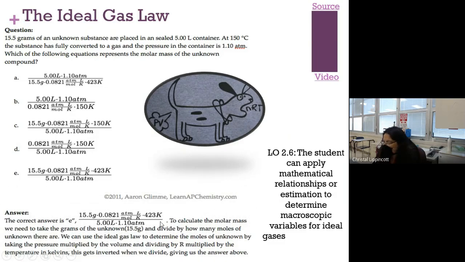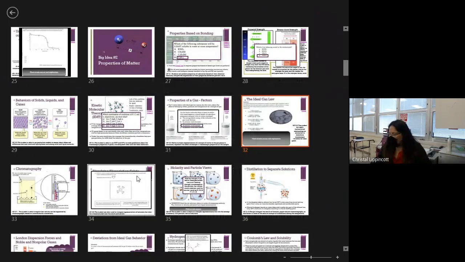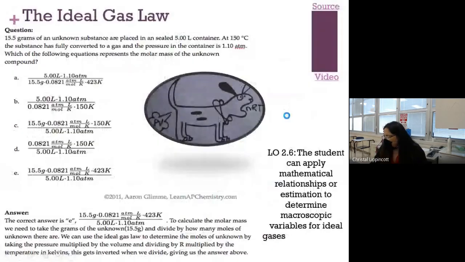All right, let's talk about this guy. So the correct answer is E. Remember your, I don't know if this will let me write on here or not. I think it'll let me write. Oh yeah, it does. So PV equals mass times RT over MM.